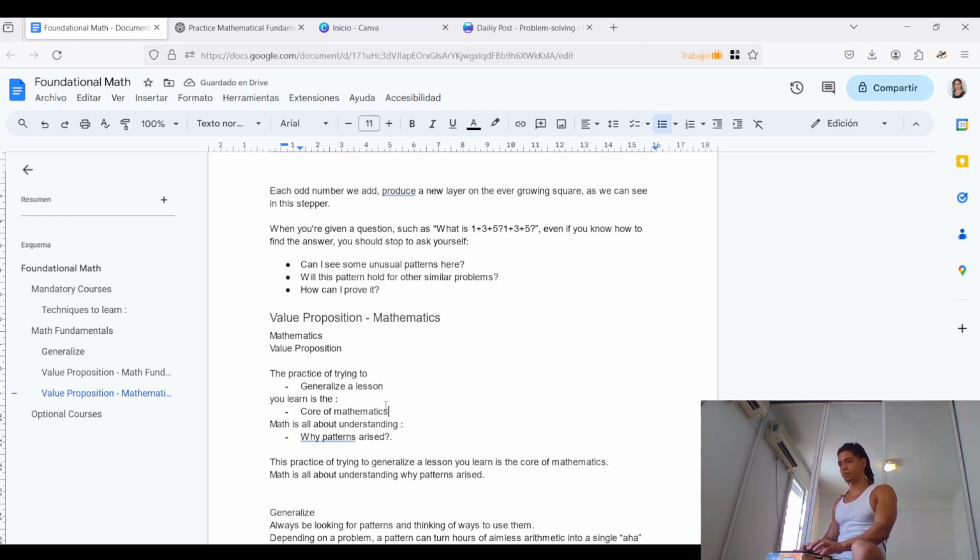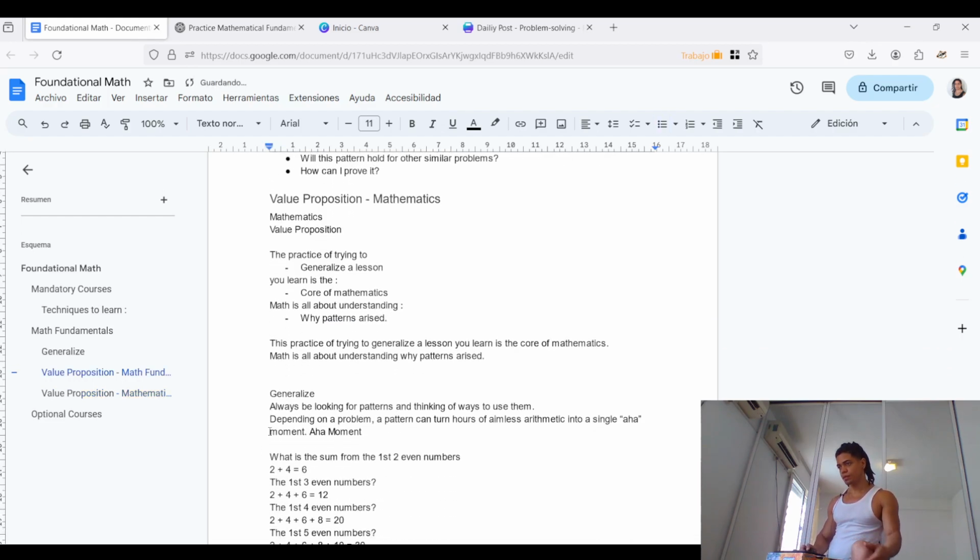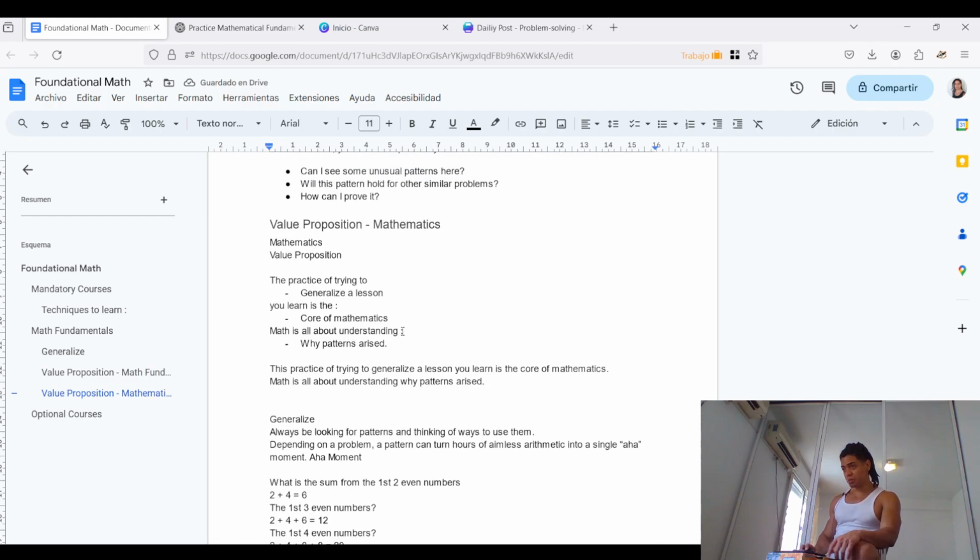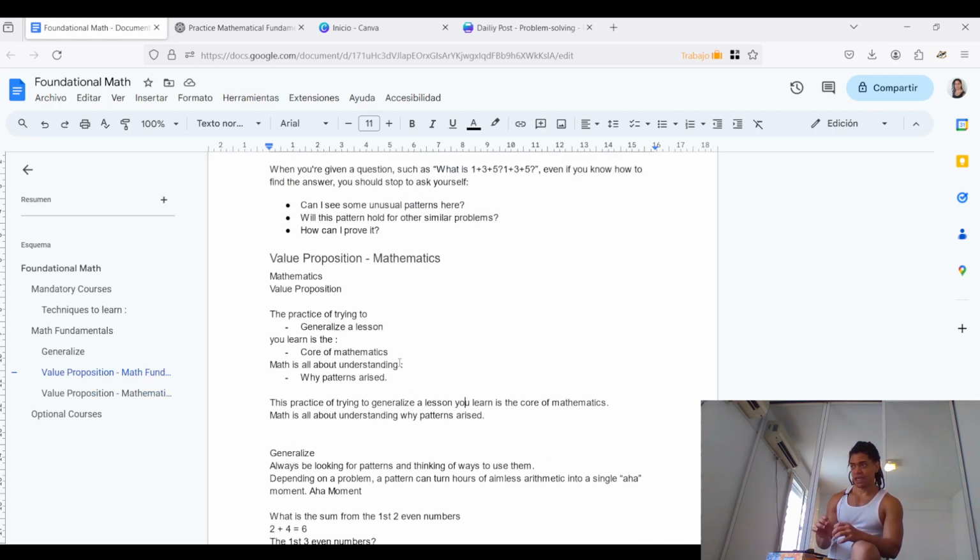So this is the value proposition of mathematics, and the other is the value proposition of the mathematical fundamentals. And with this, okay, things are starting to make a lot of sense.